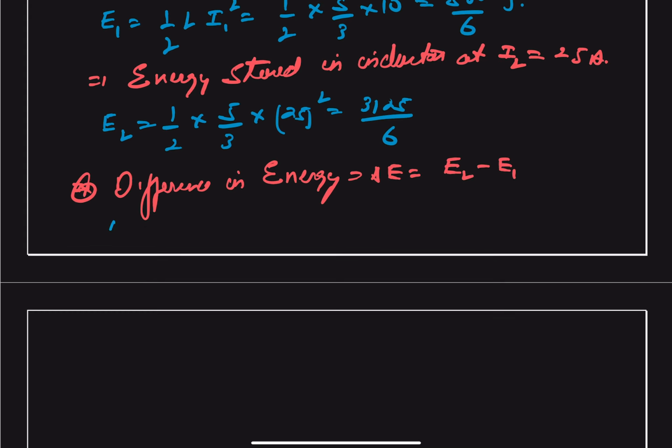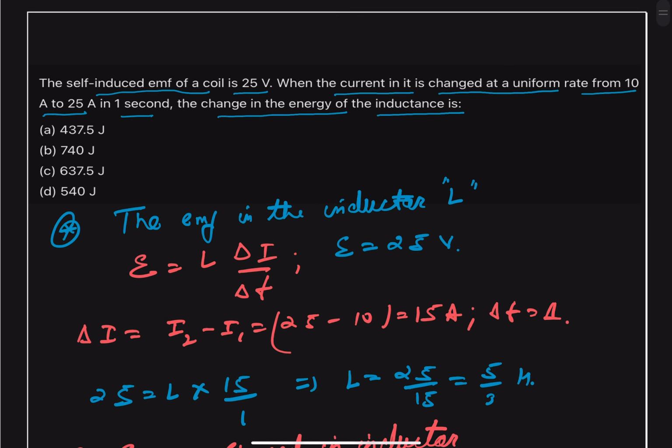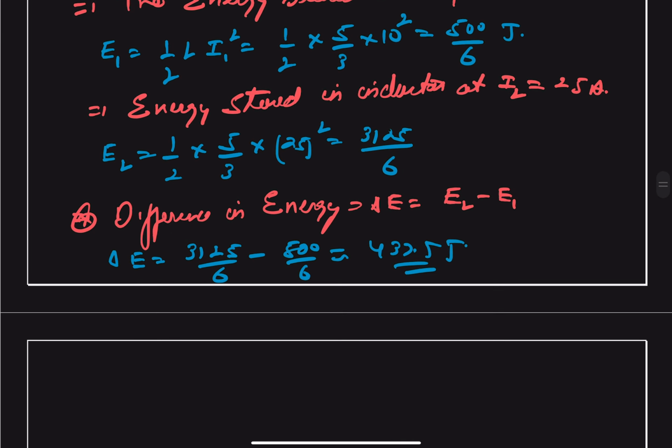So we substitute the values, we get delta E: E2 is 3125 divided by 6 minus 500 divided by 6, and this can be approximated as 437.5 joules. So the options that are given to us, option number A is the correct answer. So you can say option A is correct.